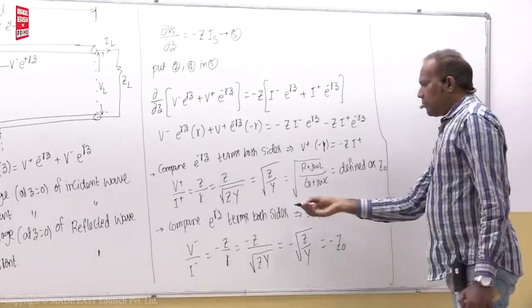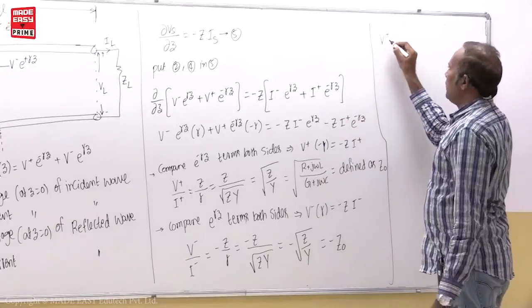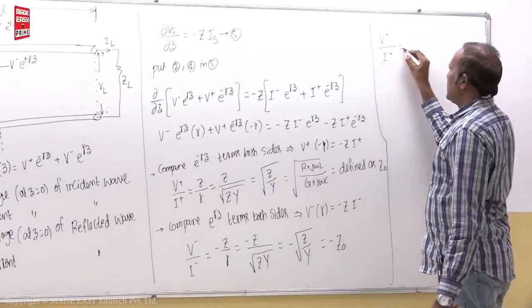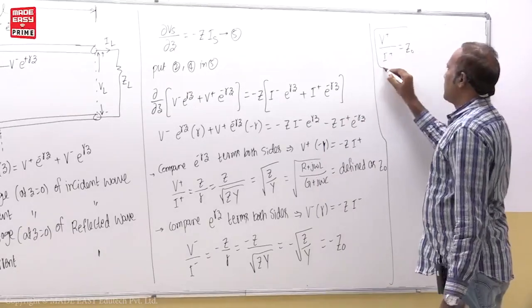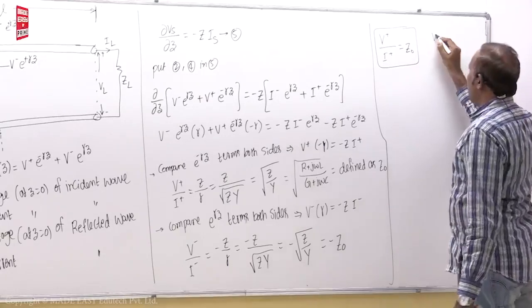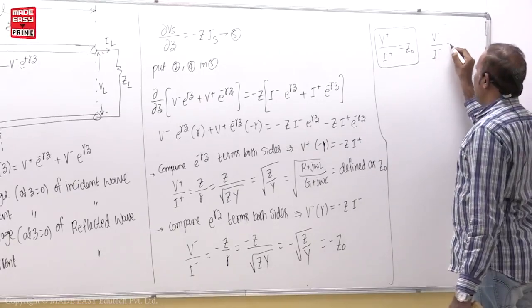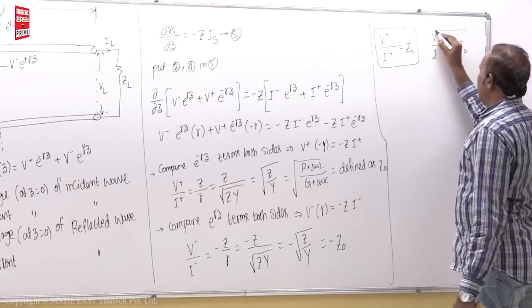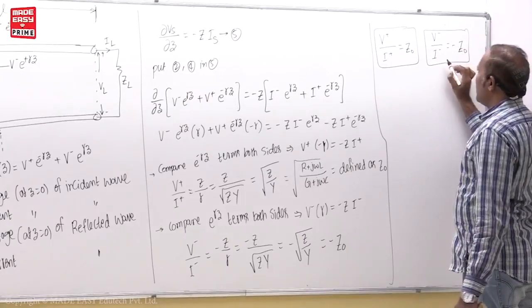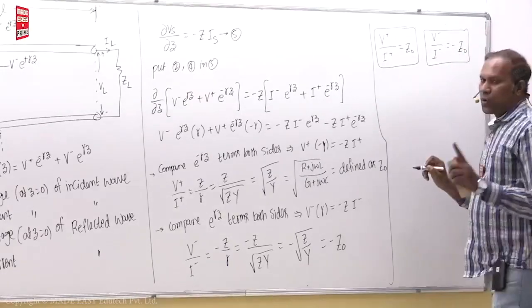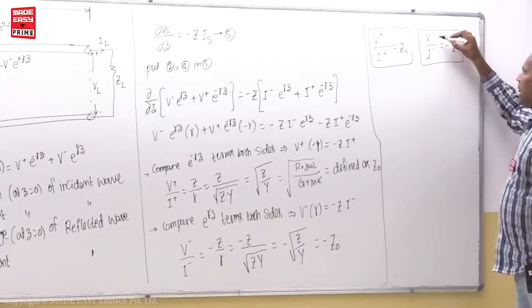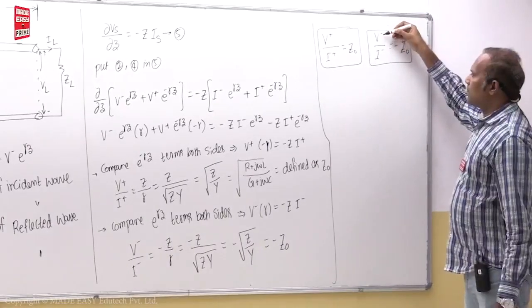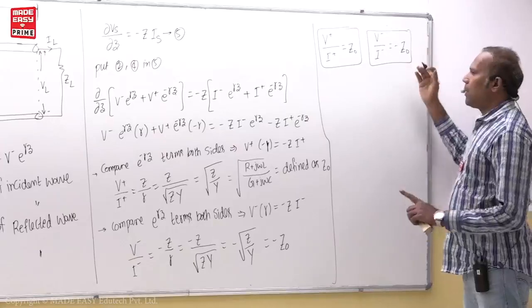So from this, what is the conclusion? V plus by I plus is equal to the characteristic impedance, and V minus divided by I minus is equal to minus of the characteristic impedance. The meaning of this is, for a reflected wave, power should go in the reverse direction. For that, either the reflected voltage or the reflected current should have opposite sign.